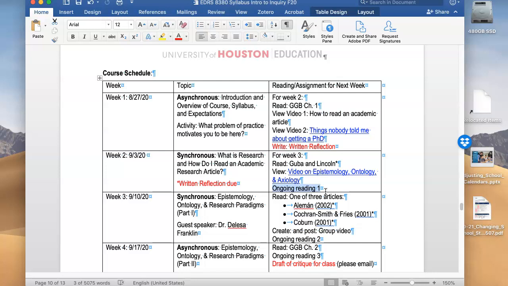So when I say ongoing reading, what I'm asking you to do is think about what is the problem that brought me to this program. We talked when we met during the orientation a little bit about your research interests. We had mentoring, we had STEM education, we had leadership. So what is that problem that motivates you, that brought you here? And start picking articles and reading them, one per week.